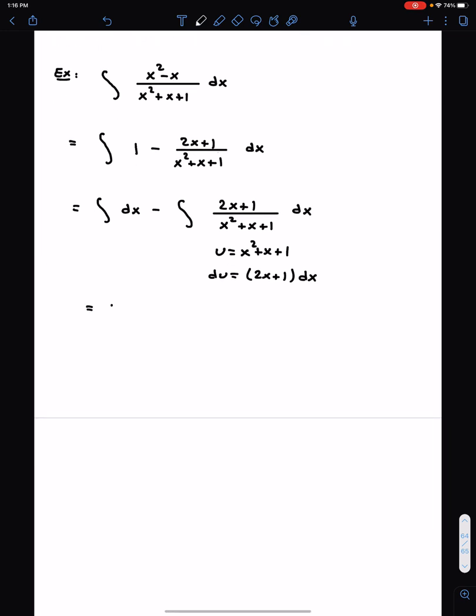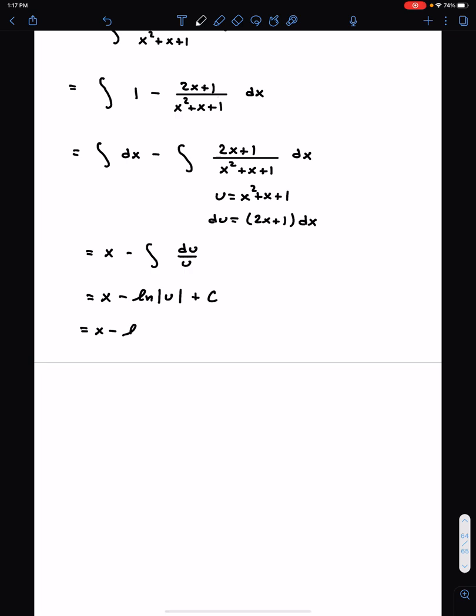So the integral of 1 with respect to x is x minus the integral of du over u, which is x minus natural log absolute value of u plus c, which is x minus natural log absolute value of x squared plus x plus 1 plus c.